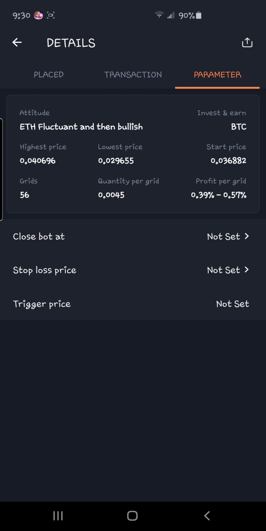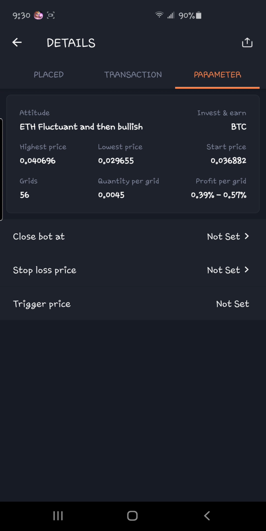So 56 times, and you can see right here with 56, my profit per grid is 0.39 to 0.57. So whenever we get those really volatile spikes, it might shoot up to 0.57 or a little bit more profit. But if it's just kind of slowly treading sideways, I'll be getting at least 0.39% every single time.